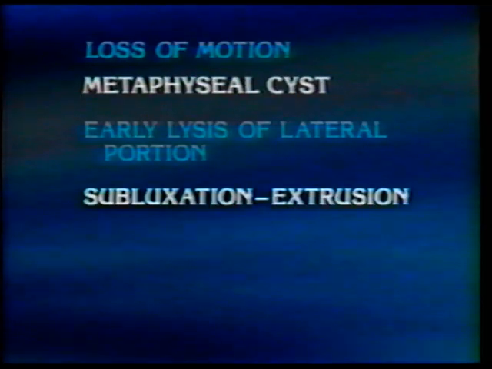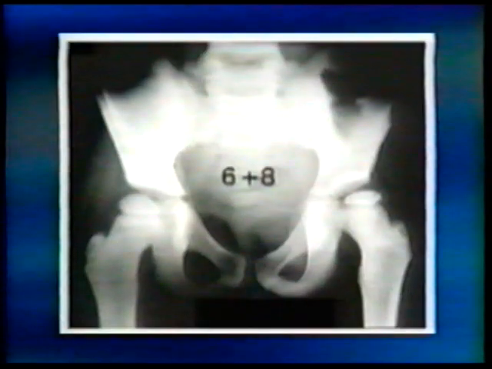The next problem is that of subluxation extrusion. In the problem of congenital dislocation of the hip, one of the major problems is that of subluxation, where the femoral head is not deeply seated in the acetabulum. However, in Perthes, as has recently been shown, particularly in doing arthrograms, as a rule, the femoral head is not unstable inside the joint.